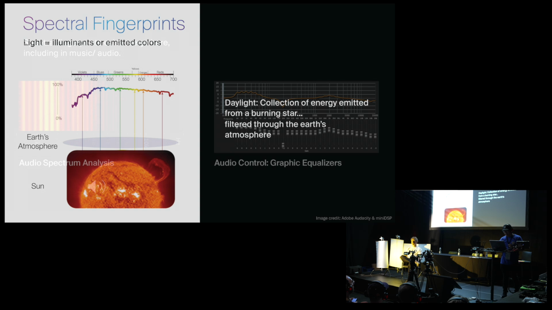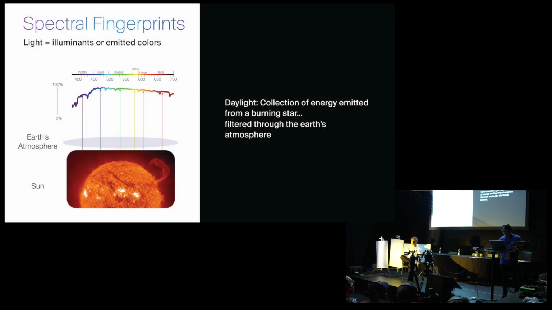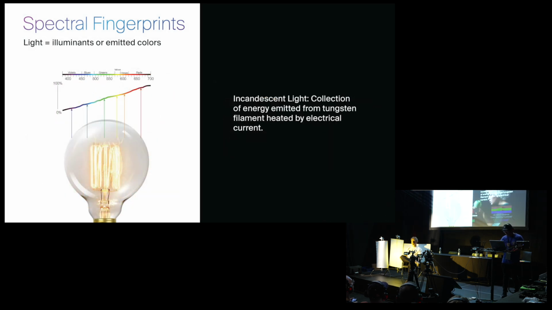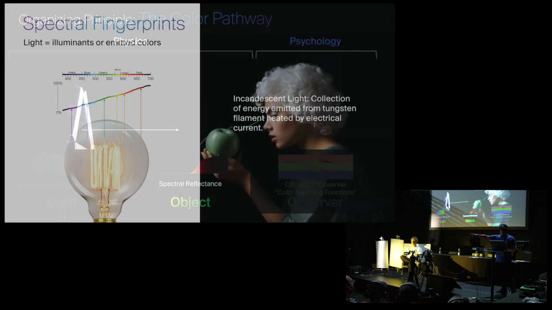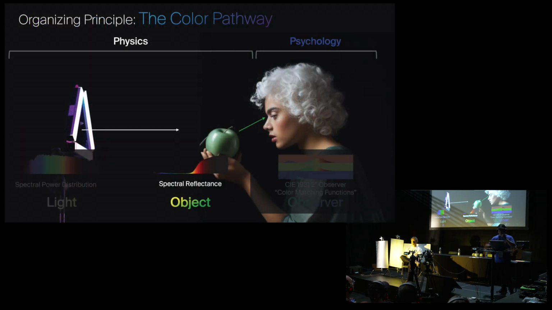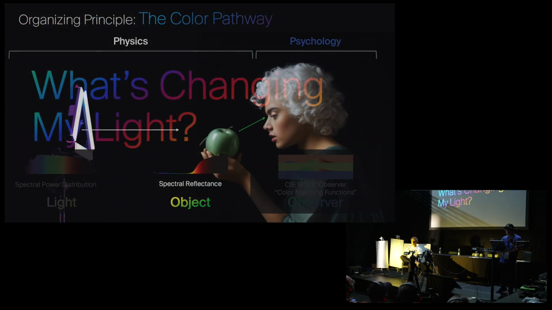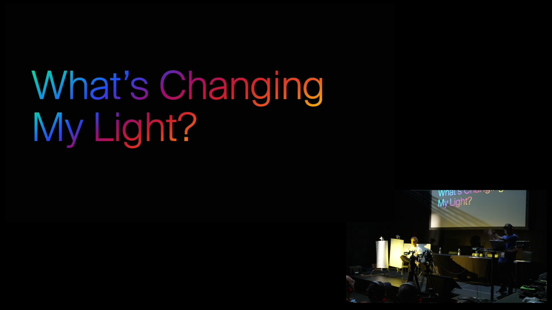This is the white light of sun. This is the white light of incandescent. And that gel is an object that modifies it.